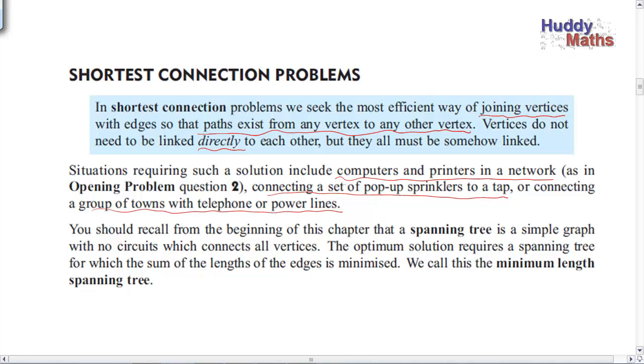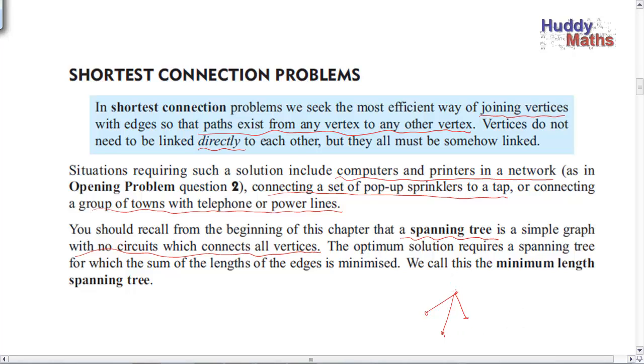Okay, now what we're going to do there is called a spanning tree. It's not a circuit. It's a simple graph with no circuits, but connections exist between all vertices, not necessarily next to each other, but maybe connected like this, and down here, and maybe there. We wouldn't need perhaps this one, would we?